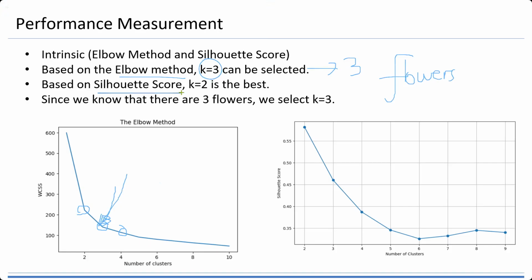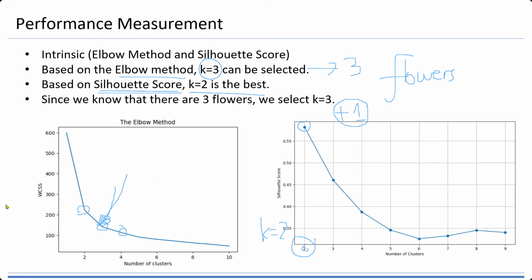What about the silhouette score? For the silhouette score, we will choose the highest one, or the value which is nearby 1. When the value is nearby 1, the k is 2. It means we will choose k equals 2 when we use the silhouette score.